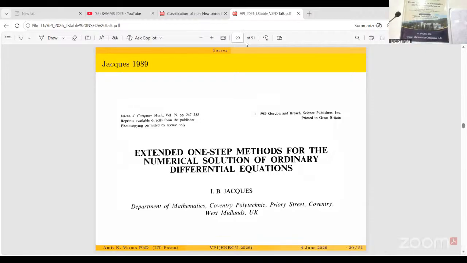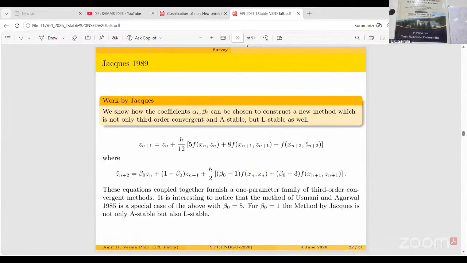Later he extended this further. The idea is the same. Again, he took the same thing and did some manipulations, but in the earlier case beta naught was fixed.